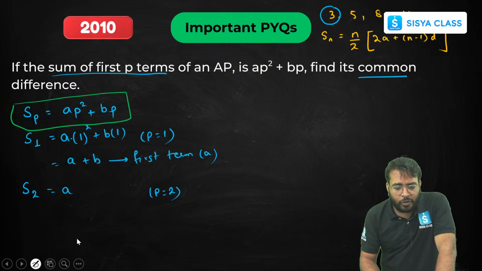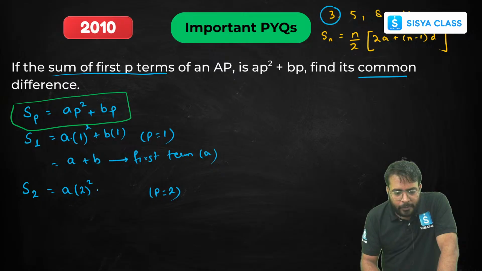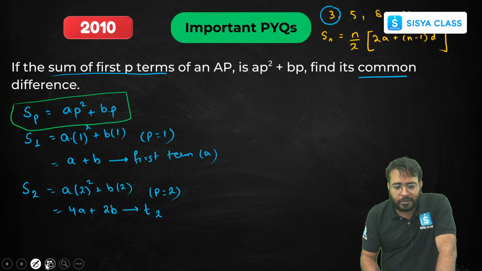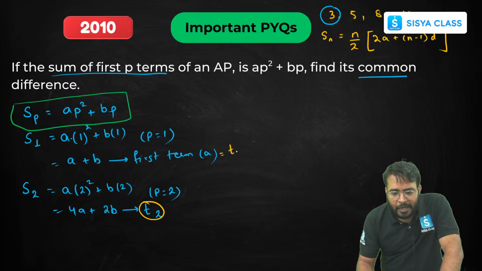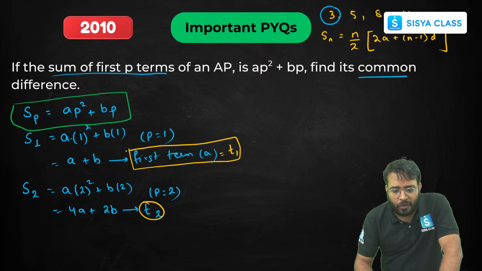So what you will get beta, you will get a into 2 square plus b into 2, ठीक है? That means you are going to get beta 4a plus 2b. This is your second term, all right? So here we got our second term, we got our first term, that is you can say it as t1 also.